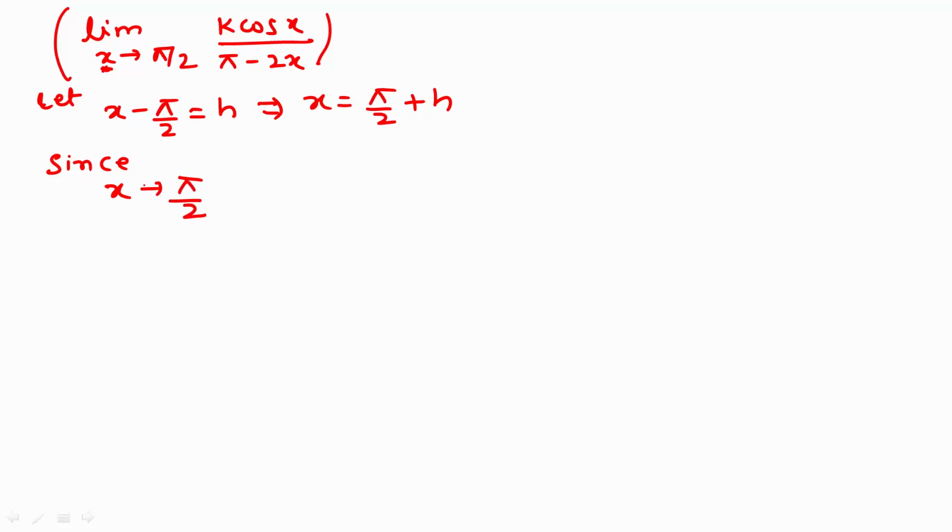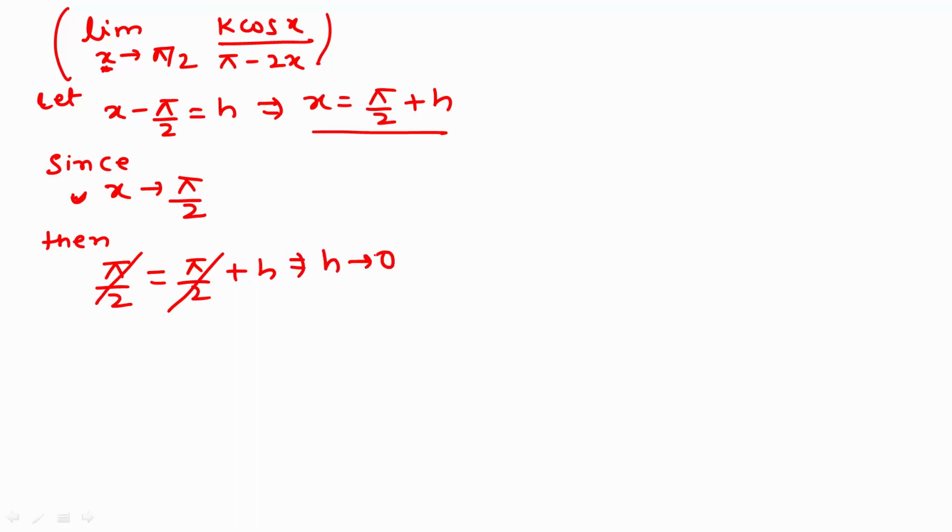Putting this value here, x tending to pi by 2 means pi by 2 is equal to pi by 2 plus h, pi by 2 and pi by 2 cancel. This implies that h tending to 0.